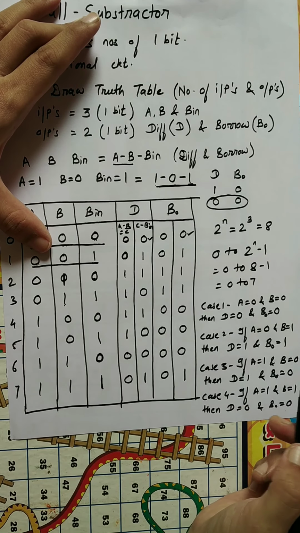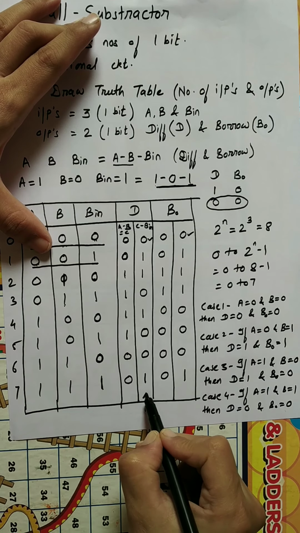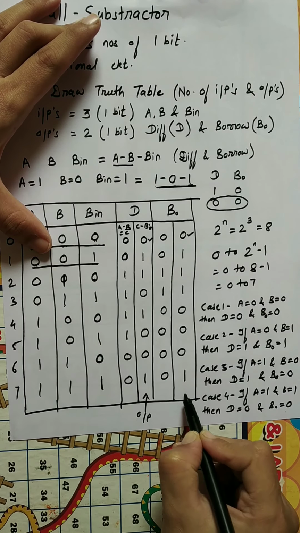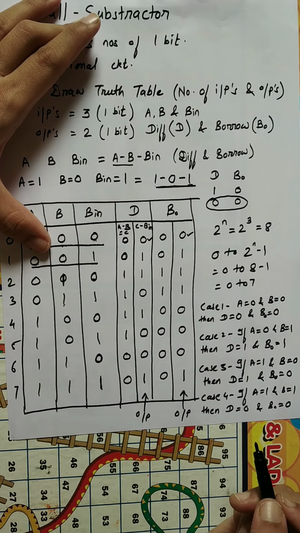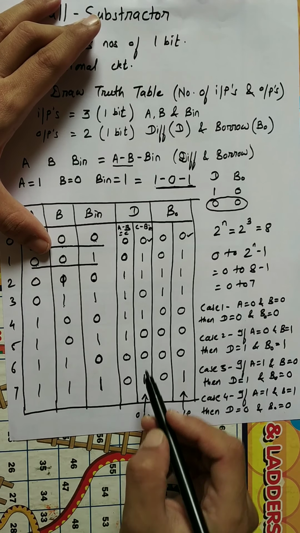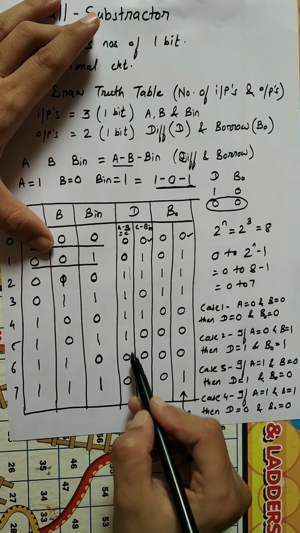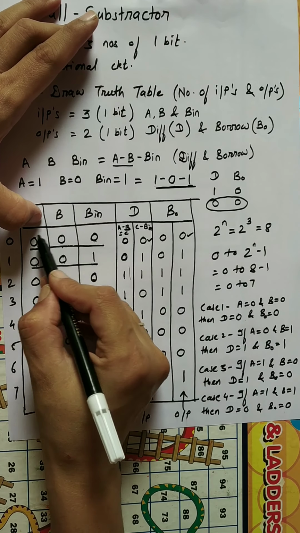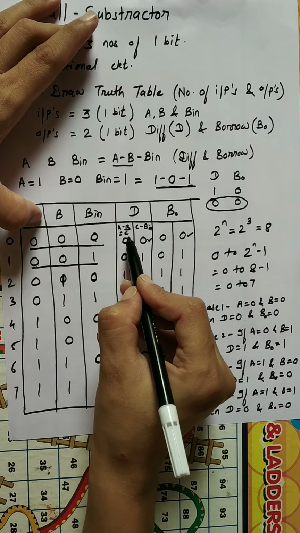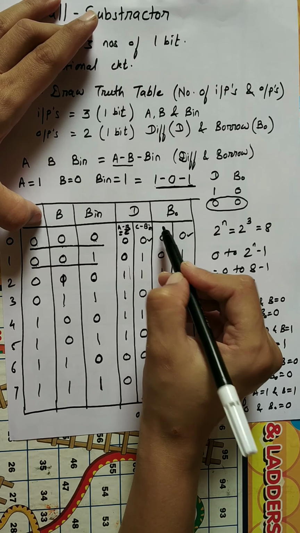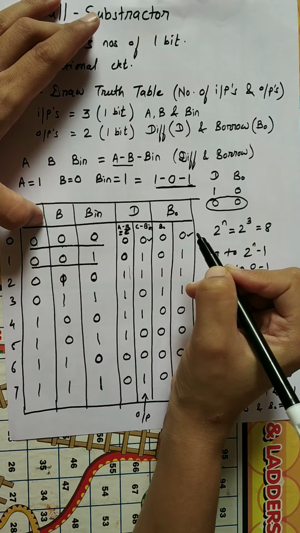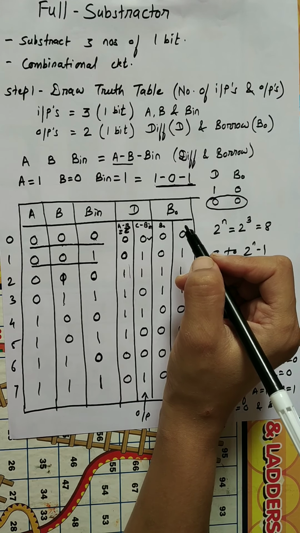So now which is my actual output? So this is my actual output of difference and borrow, right? So why is it the actual output? Since in this column I had just performed subtraction of these two numbers, right? And the output of these two numbers is stored in these two columns, right? So now what I have to do?